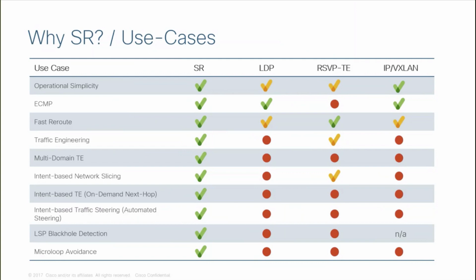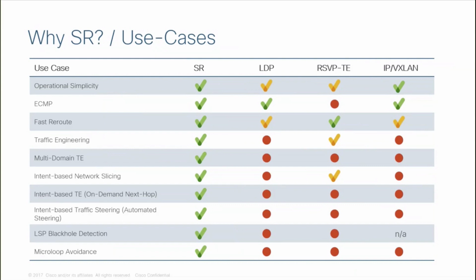And if you look at the next 3 rows, we bring the concept of intent. We want you to be able to put intent into a service route like an EVPN route and be able to honor that intent in a particular transport SLA provided by SR. It could be a network slice, it could be a transport path that is built on demand with ODN, and a path that is completely automated where you can put traffic directly onto the path with the properties of automated steering.